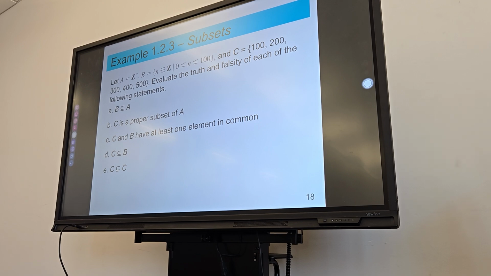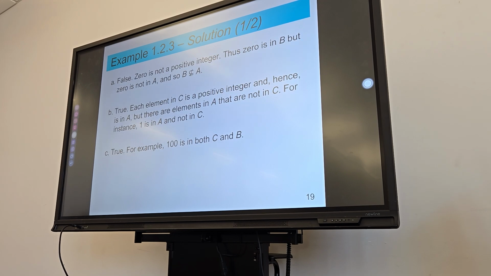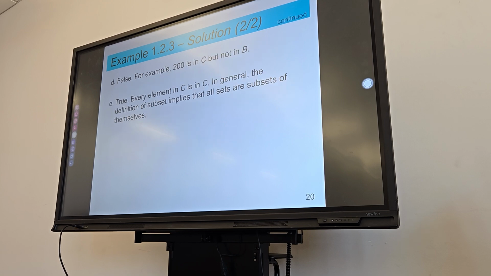So yes, C is equal to itself, so C is a subset of itself. We went through each of these. In general, the definition of subset implies that all sets are subsets of themselves.